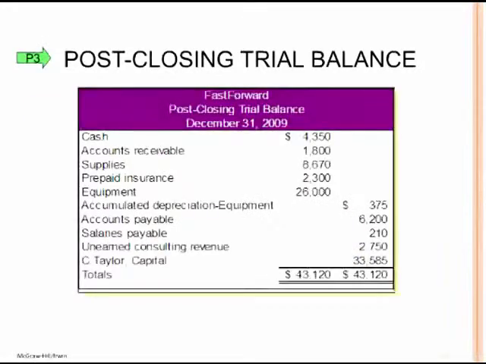Take a close look at our post-closing trial balance and be sure that we have only permanent accounts. Our books are still in balance after the closing process. The owner's capital account is shown with its updated balance of $33,585. We are now ready to move into the next accounting period.